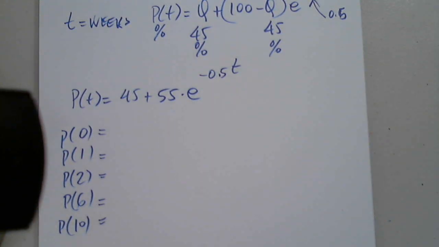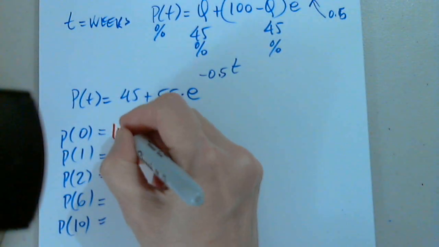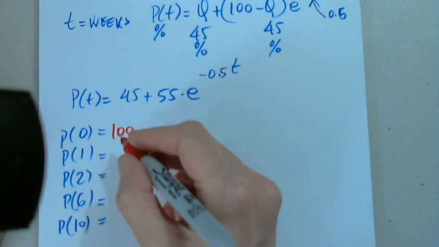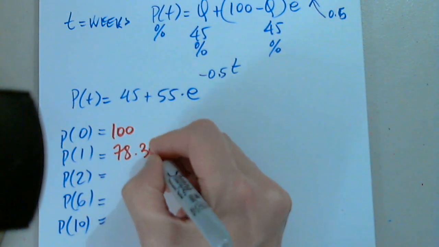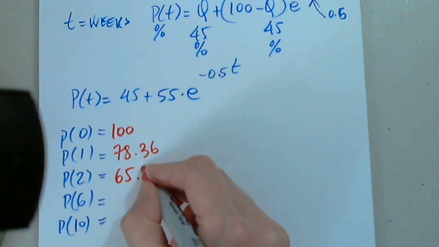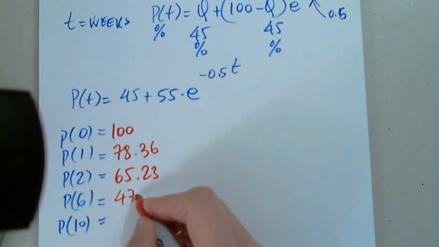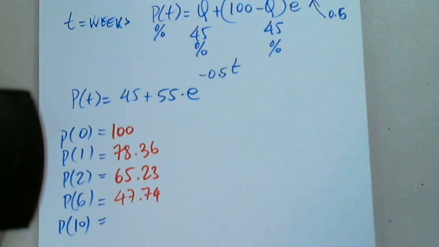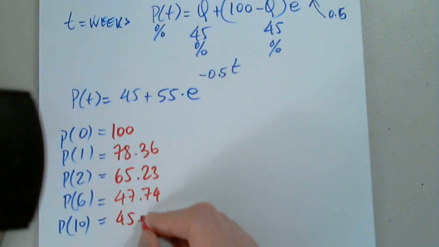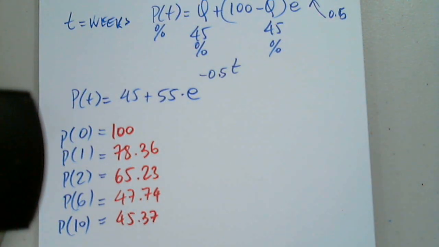I can round that to 2 decimal digits, so I don't have to scroll up and down. So I have 100%, which makes sense. And then 78.36, and then 65.23, and then 47.74, and then 45.37.